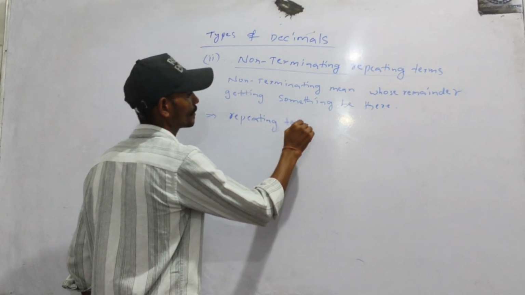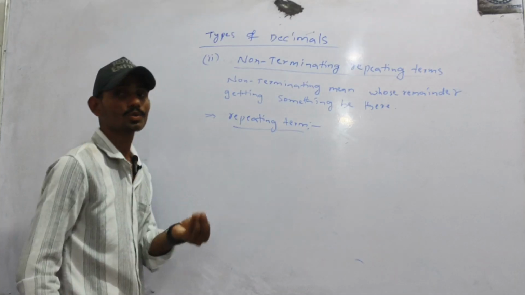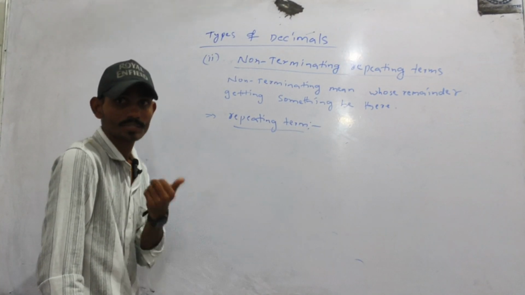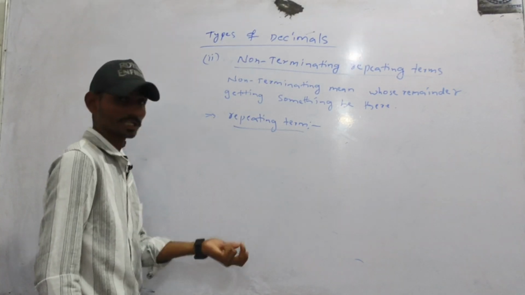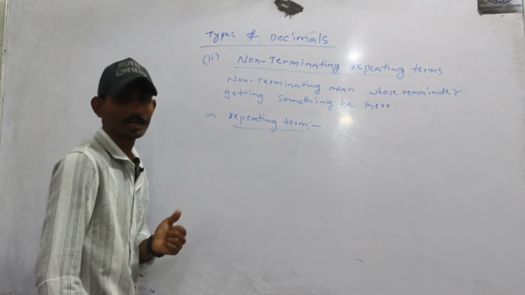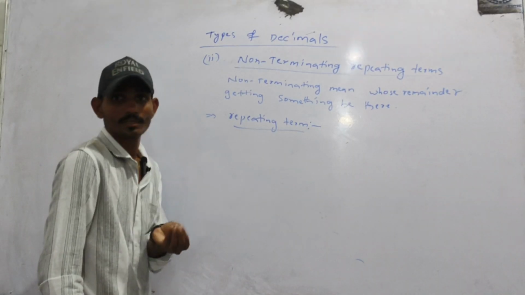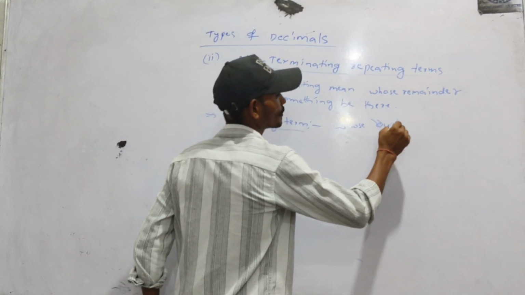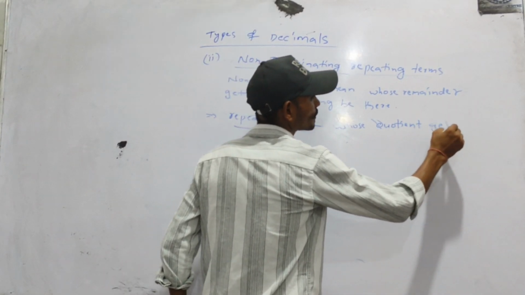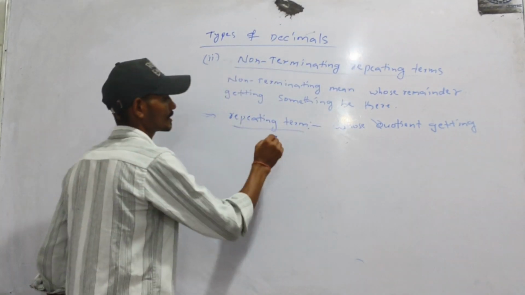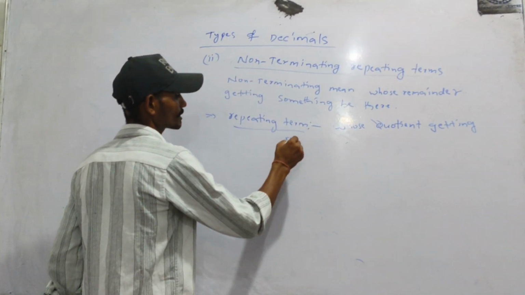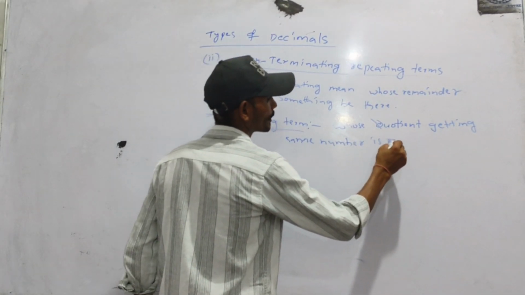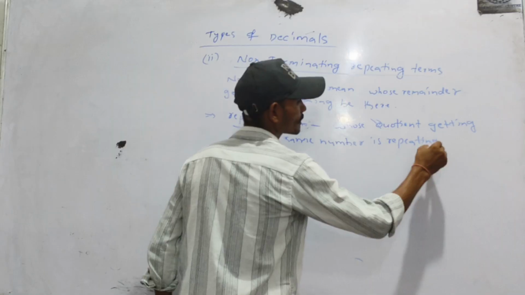Repeating terms means the coefficient gets the same digits, the same number repeating again and again.